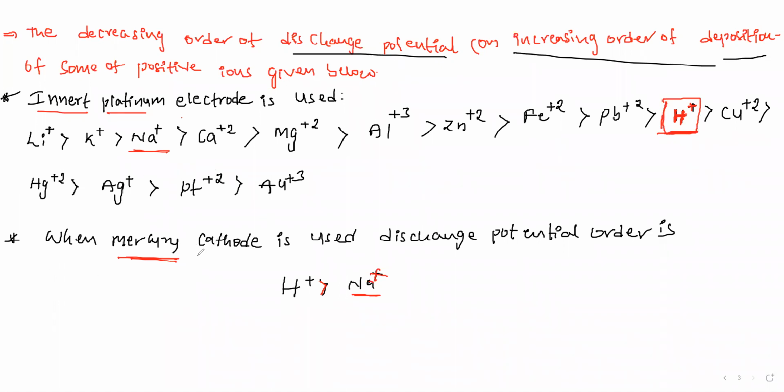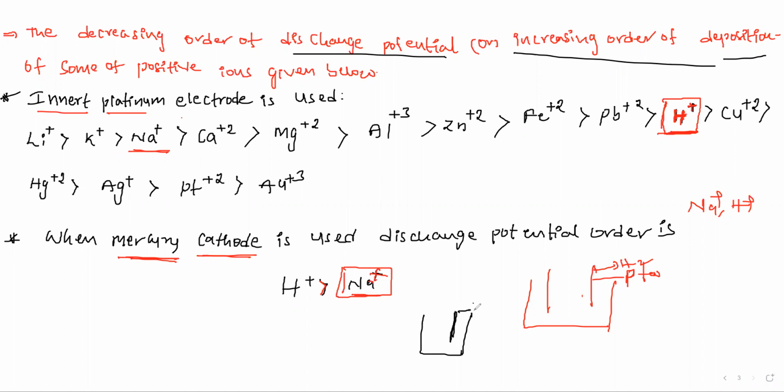If you use mercury as a cathode, sodium will deposit on the cathode. ఇఫ్ యూ యూజ్ ప్లాటినం, inert means it won't react with this one. If you compare between both Na plus and H plus with the platinum electrode, the hydrogen will deposit on the cathode. మెర్క్యూరీని క్యాథోడ్ లాగా వాడితే సోడియం డిపాజిట్ అవుతుంది క్యాథోడ్ మీద. ఓకేనా? Are you getting confusion? Is it clear this one?